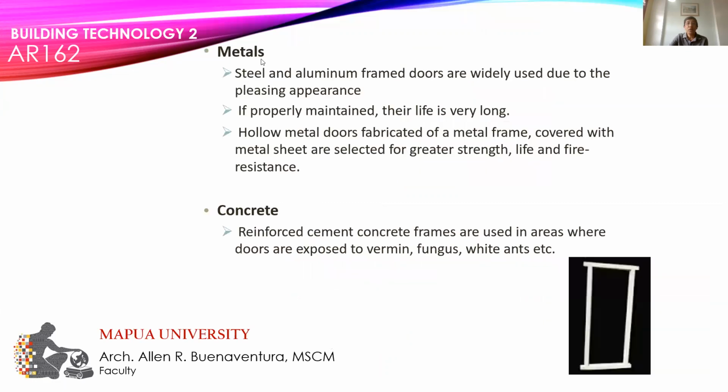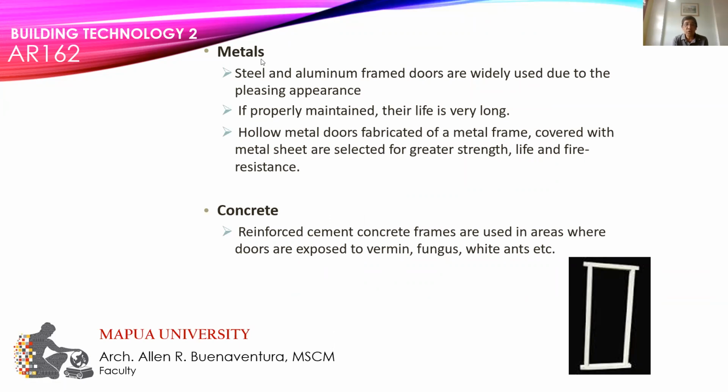Another type of door is metal. Steel and aluminum frame doors are widely used due to the pleasing appearance. If properly maintained, their life is very long. Hollow metal doors fabricated of a metal frame covered with metal sheets are selected for greater strength, life, and fire resistance.